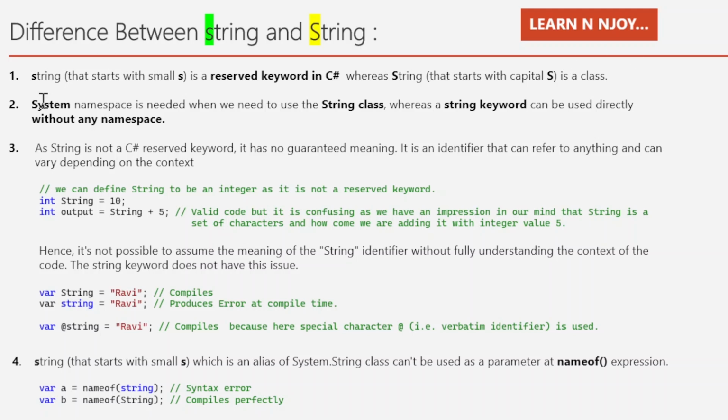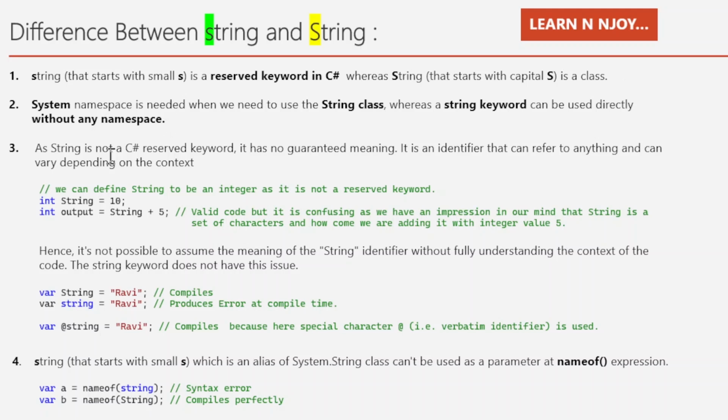Number two, the System namespace is needed when we use the String class, whereas the string keyword can be used directly without any namespace. It's very important: whenever we use the String class, we need to import the System namespace. Then only can we use the String class successfully, whereas the string keyword can be used directly without any namespace.